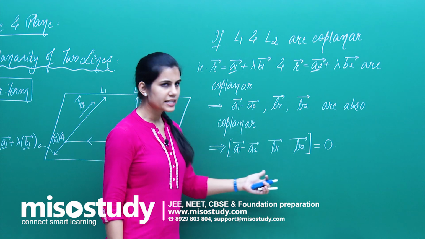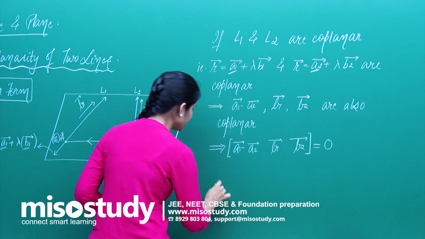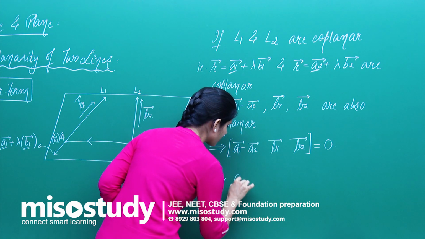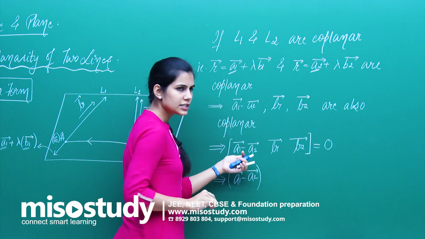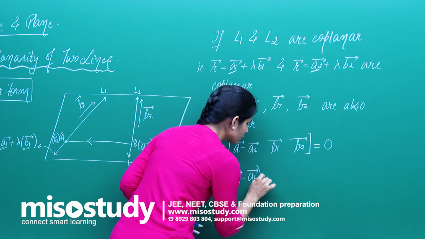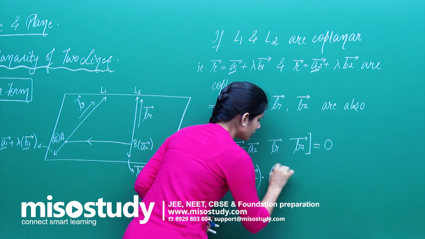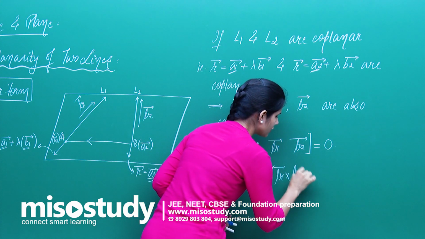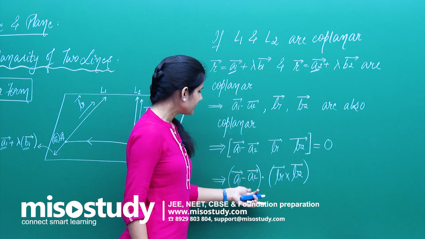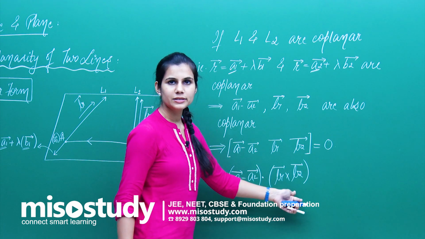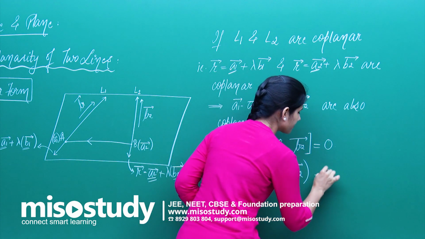What is the definition of scalar triple product of three vectors? This means a1 minus a2, the first vector, dot product with the cross product of the left out two vectors in this order. So, a1 minus a2 dot product with b1 cross b2 is 0.